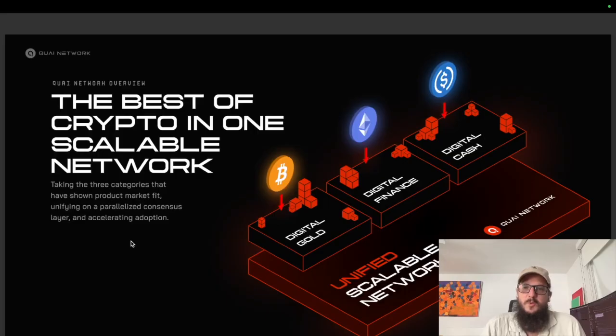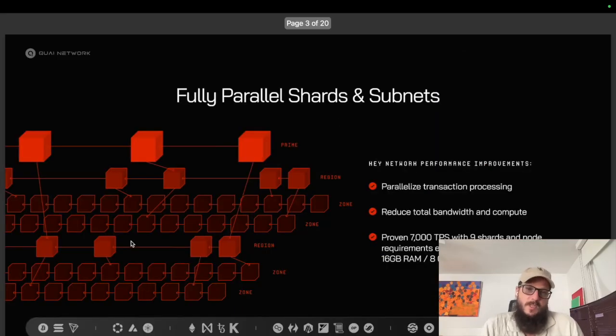For those of you who are new to the community, I'm just gonna give a very quick overview of Quai. Quai is effectively a blockchain that's trying to take the best properties of Bitcoin, Ethereum, as well as stable tokens, and put it into one unified, scalable proof of work network.